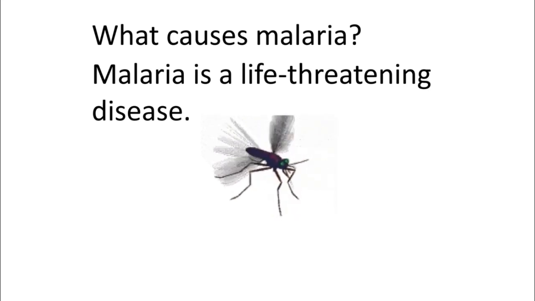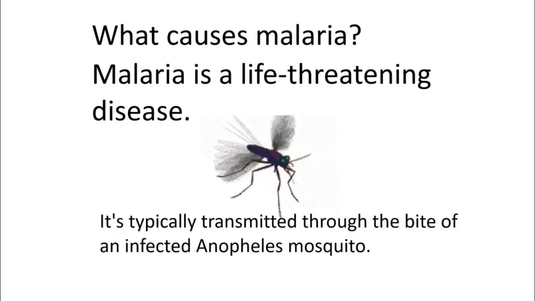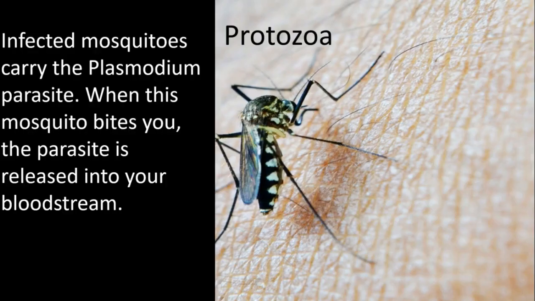Is it the mosquito? Not at all. It is typically transmitted through a bite of an infected female Anopheles mosquito, right? But what causes malaria is a protozoa. And what is the name of that protozoa? Is Plasmodium. And where did we hear this Plasmodium right now? We have just seen in the biology lab through the microscope, is it not?